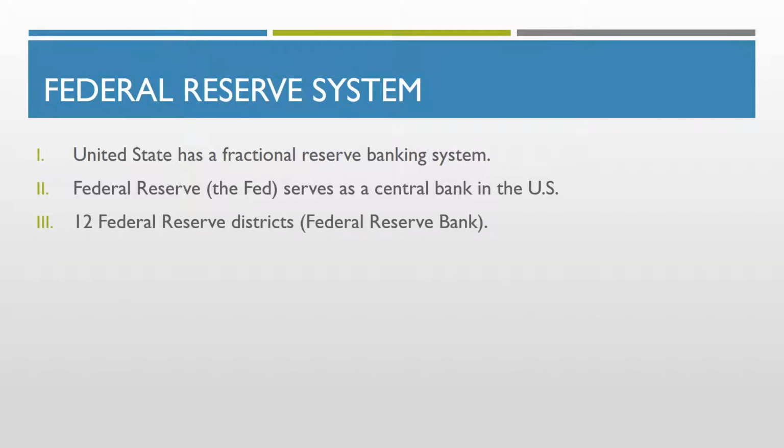There are 12 Federal Reserve districts across the country. In each district, there is a Federal Reserve Bank. In San Francisco, we actually have a Federal Reserve Bank in the city. If you go downtown one day, you can actually find that Federal Reserve Bank's building. You can try to visit there and observe how the Federal Reserve Bank actually creates money.